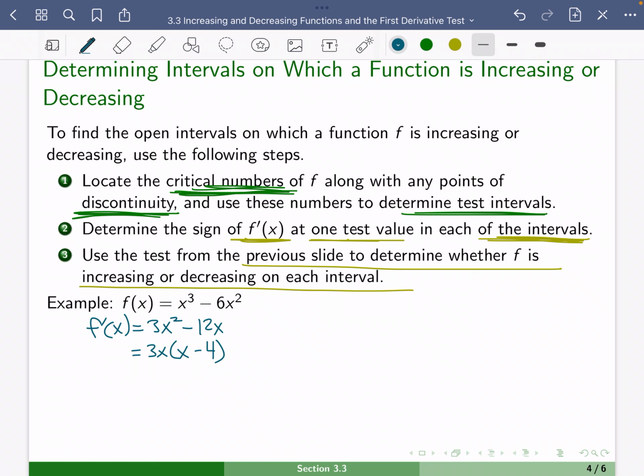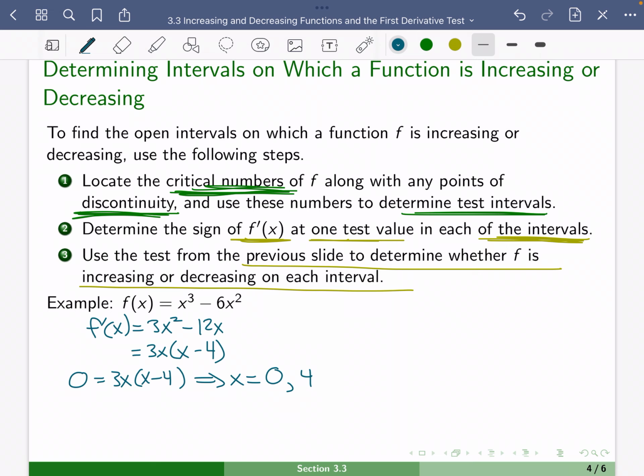What are we going to do with that derivative? Well, we need to locate the critical numbers, so we're going to set it equal to 0. It's going to be equal to 0 when x is 0 or when x is 4. So those are critical numbers.